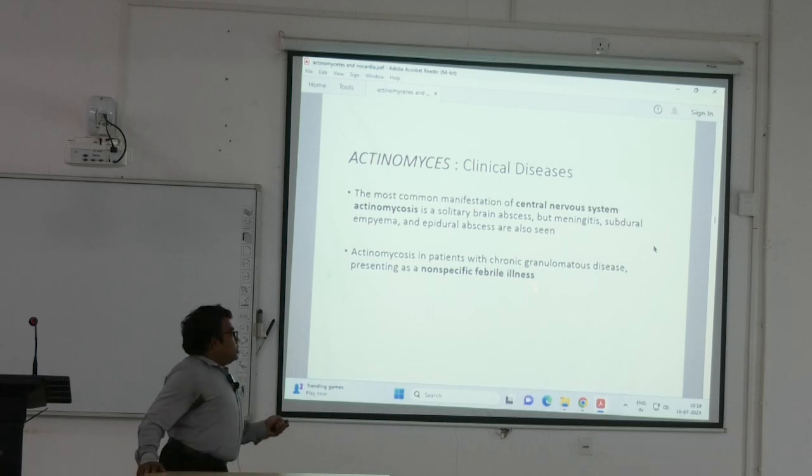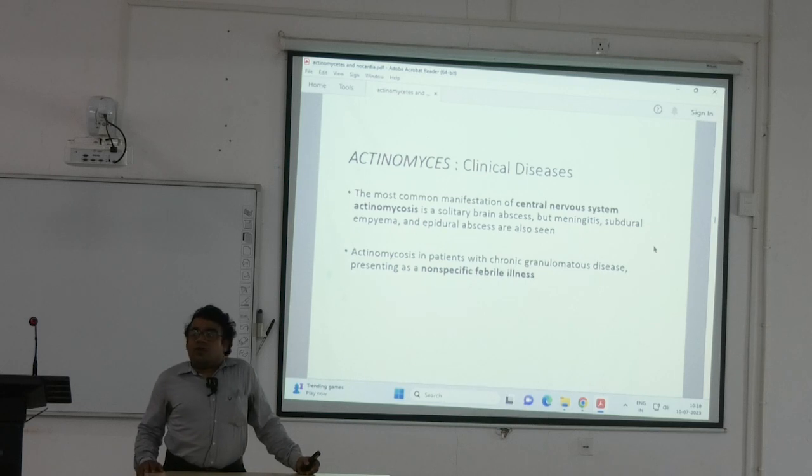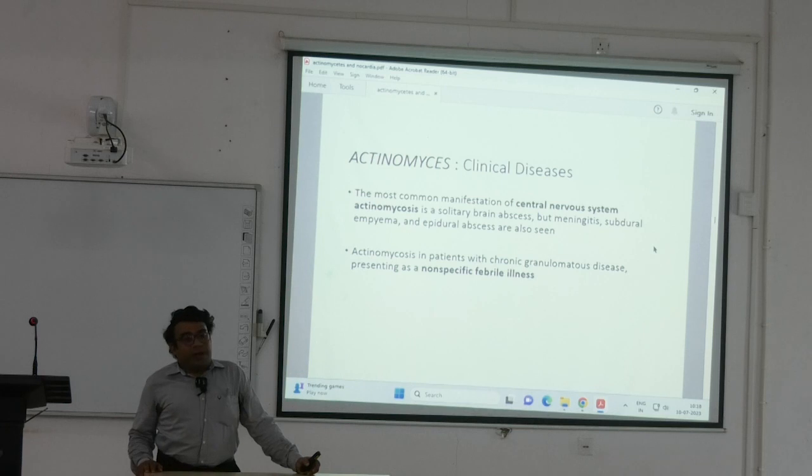Systemic infection may cause chronic granulomatous disease with a focus sometimes not detected early on. Because it's a chronic and granulomatous infection, there will be slow release of cytokines, and the patient will only complain of low grade fever.